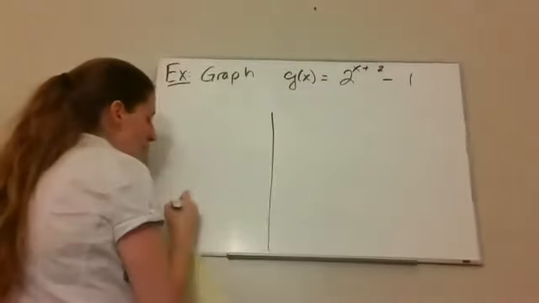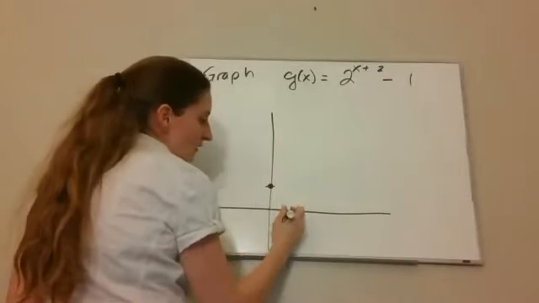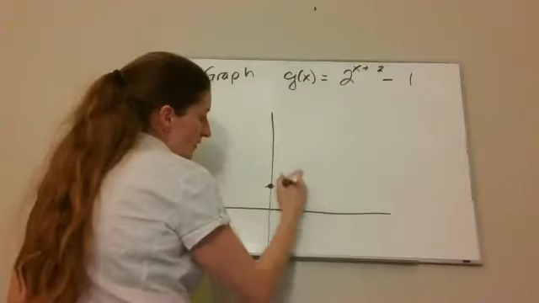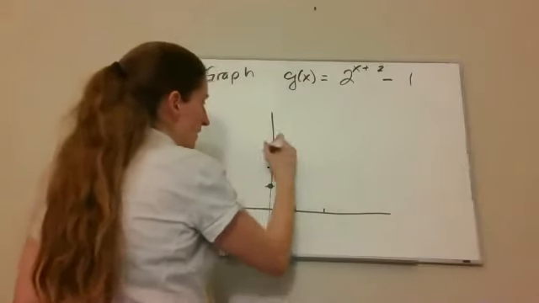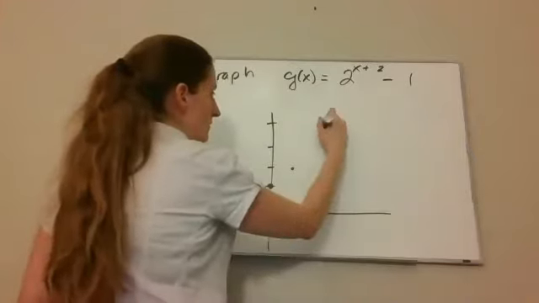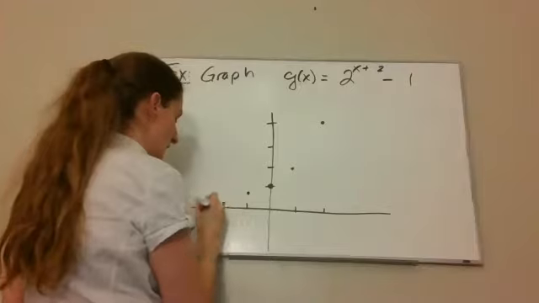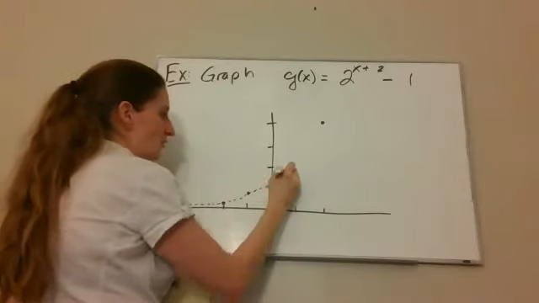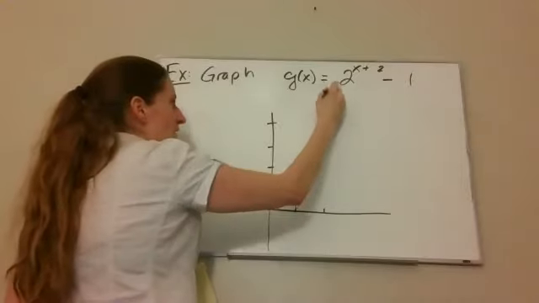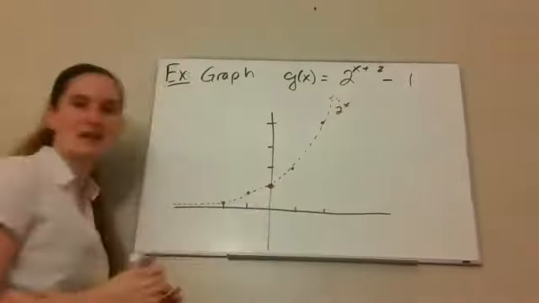So let me quickly put my 2 to the x graph back up on here. I'm going to do it with a dashed line because this is not the one we're actually graphing, but this is the one we just had in the previous example. This is just 2 to the x.